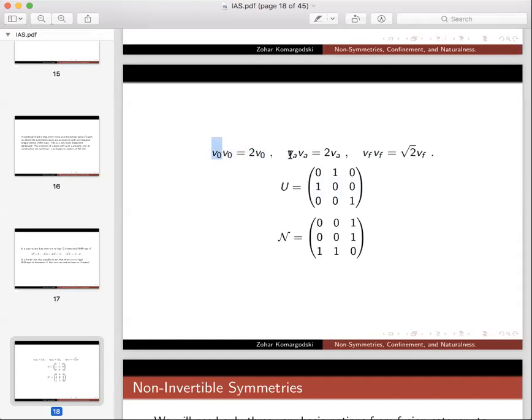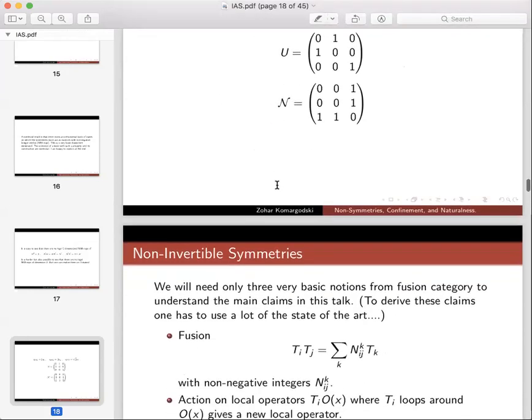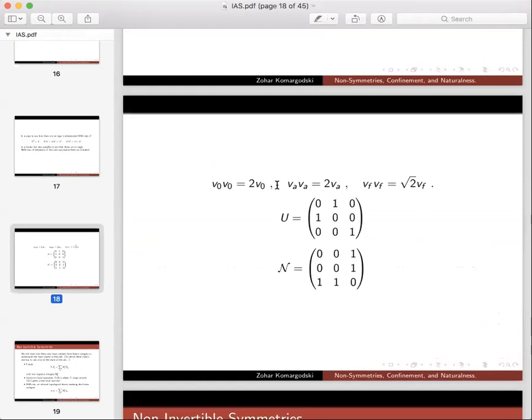We have 3 states, V0, VA, and VF, and U and N can be realized with these integer valued matrices. And you can check that N times N is 1 plus U, and U commutes with N, and U squared is 1. So this is the smallest allowed integer representation, and it can act on 3 states, which we call VF, VA, V0. So that's an immediate corollary of just knowing that the system has such a funny symmetry.